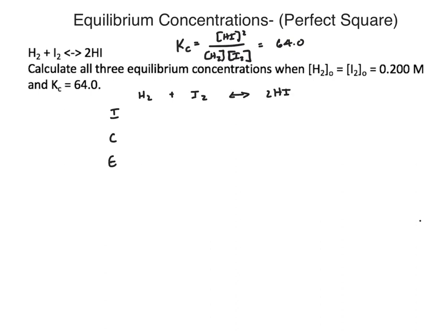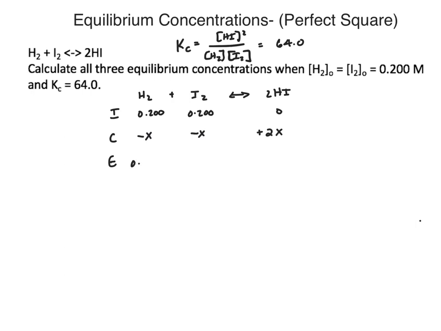So we have our ICE table here, okay, and now what we're going to do, guys, is go ahead and plug in our initial concentrations, calculate our change, and our equilibrium values to plug into our equilibrium expression. Okay, so much like we've done in the past, we've plugged in our initial concentrations. We're going to now establish the change associated with each of our reactants and products, and this should be familiar at this point.